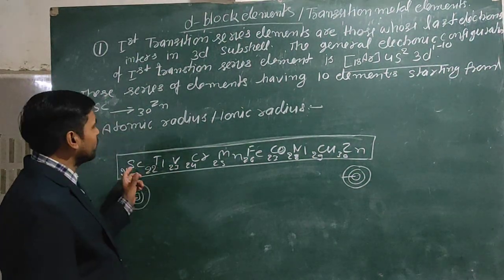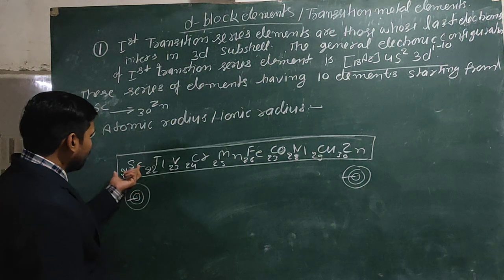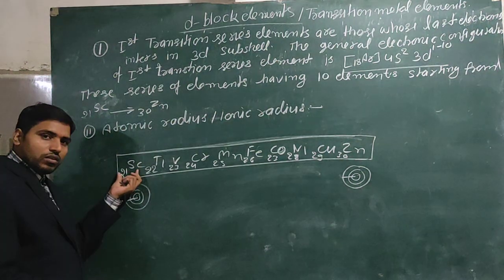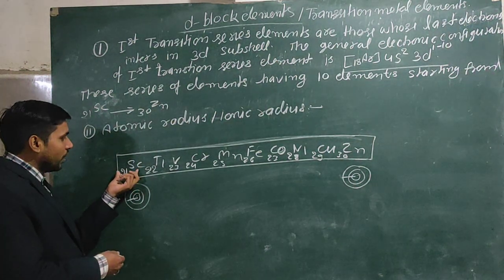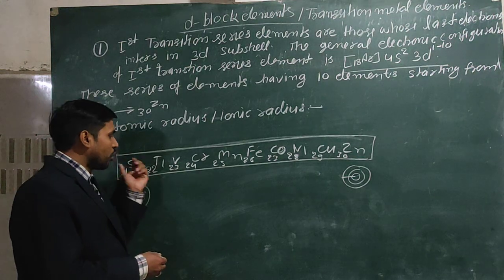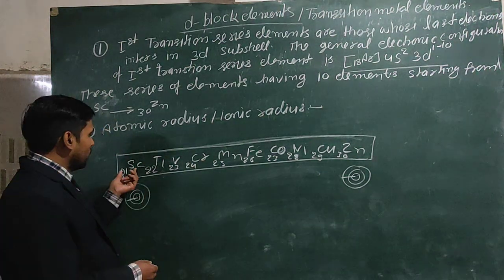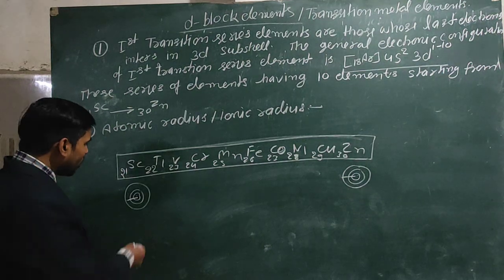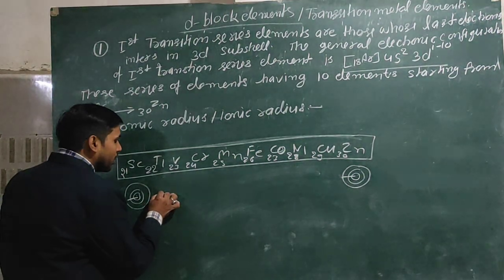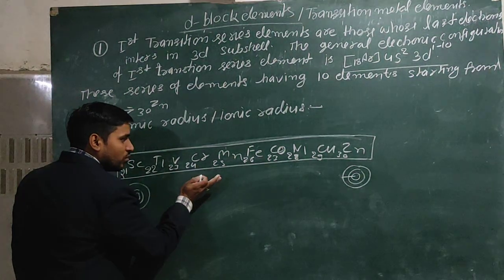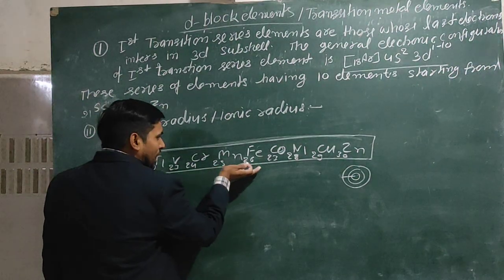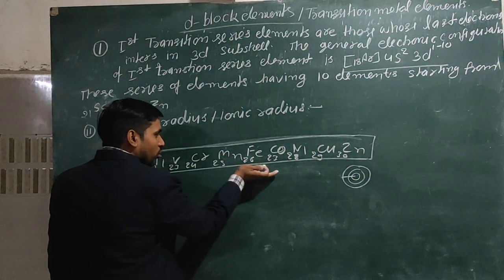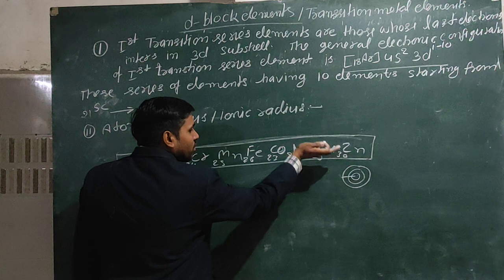But in case of ionic radius, due to the donating property of the different elements of the 3d series, firstly the radius decreases, but after manganese it gradually increases.